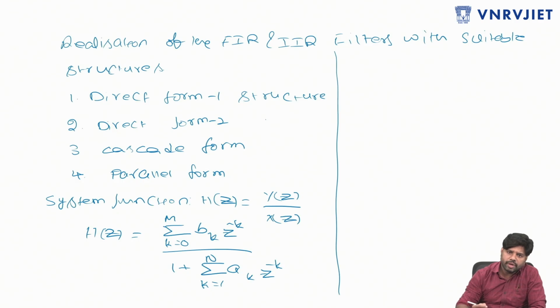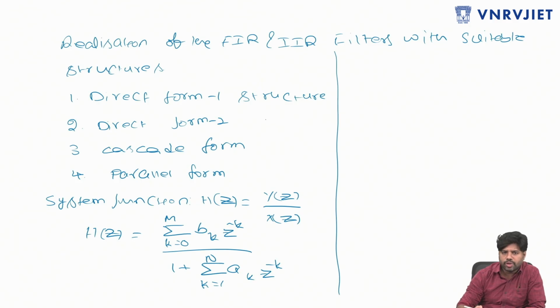Those forms will represent any one of the structures, that is direct form 1 structure, direct form 2 structure, cascade form, or parallel form. So what it means is that a single system function H of Z is expressed in different possible ways. That is, H of Z can be implemented by using one equation, or using two equations, and the complete system function can be partitioned and implemented as a product of sub transfer functions.